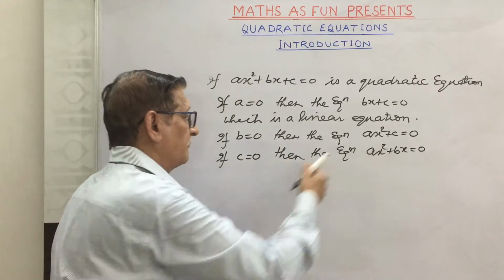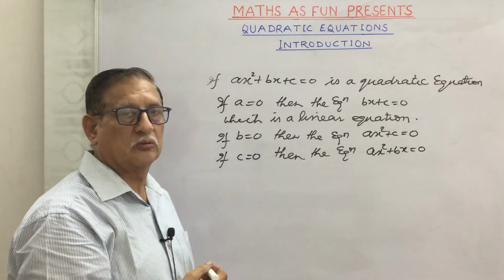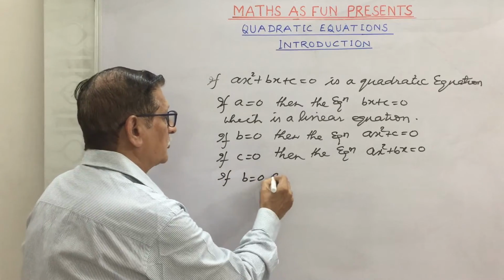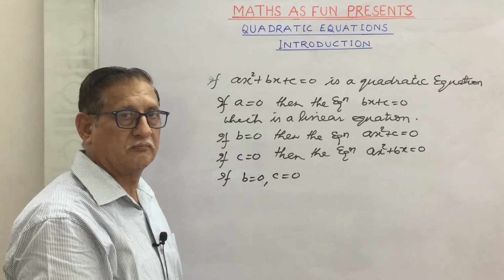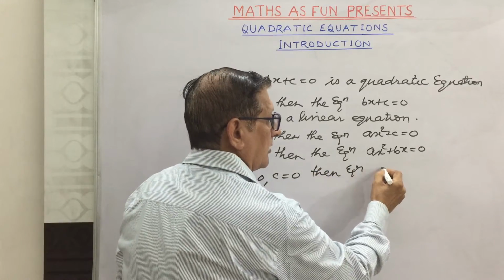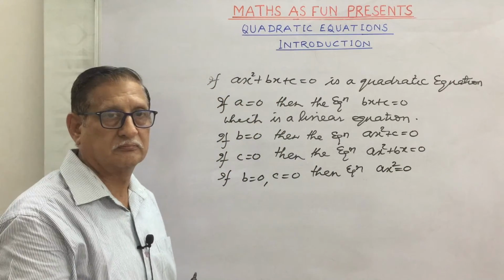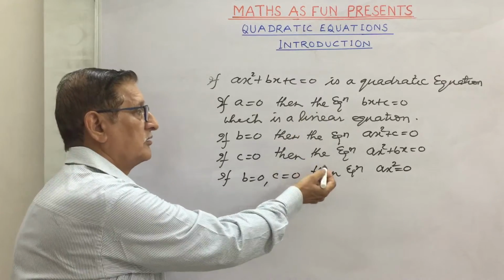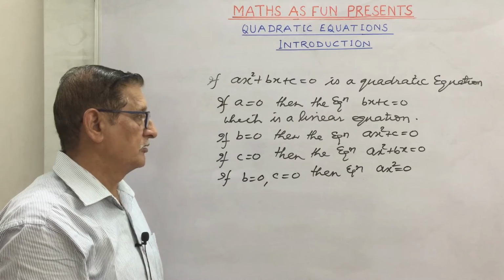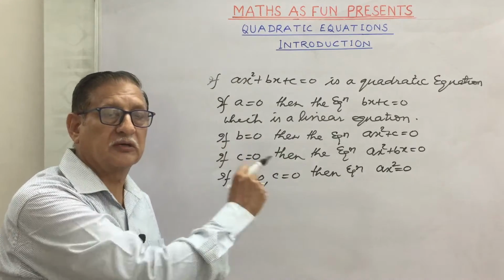So here we see that there is no constant term, it means c is equal to 0. And if we have b equal to 0 and c also equal to 0, then the equation will become ax² = 0, there will be only one term. So this is the way we can find out the different forms of the quadratic equation.